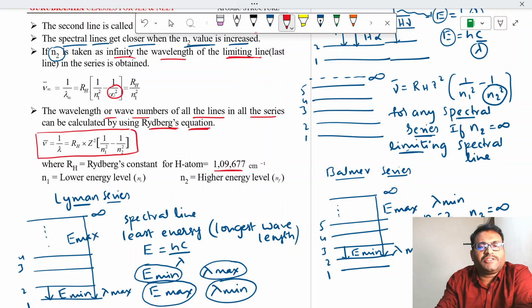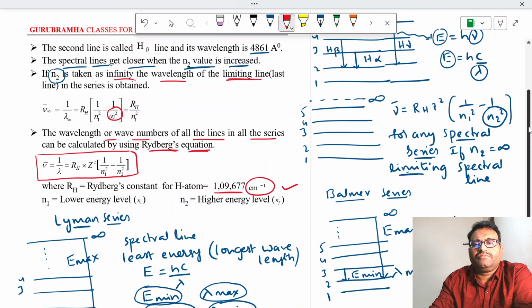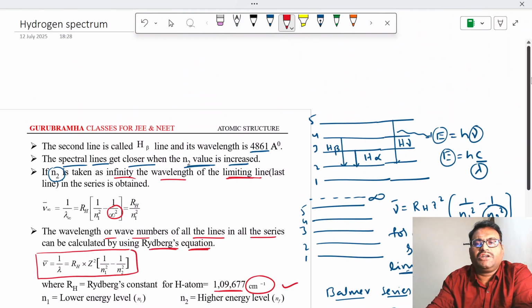The Rydberg constant expressed in wave number is 109,677 per centimeter. So that is about the derivation of the Rydberg equation and explanation of the Rydberg equation.